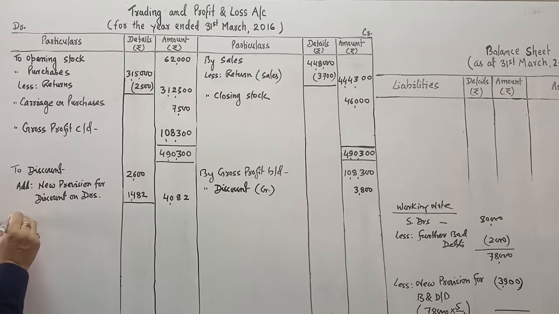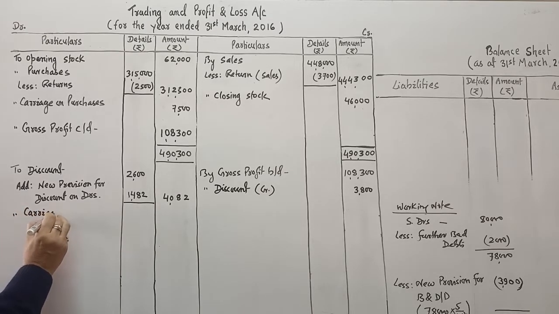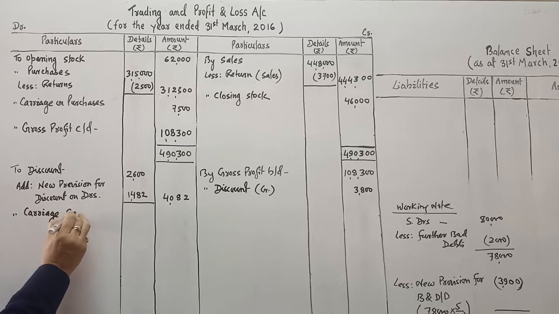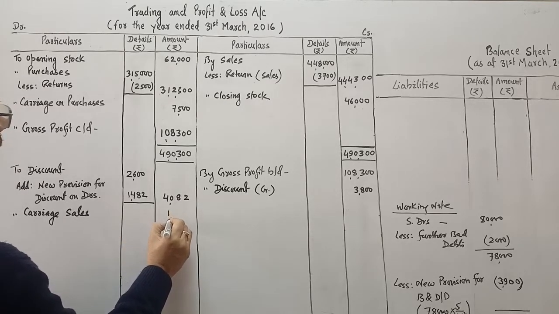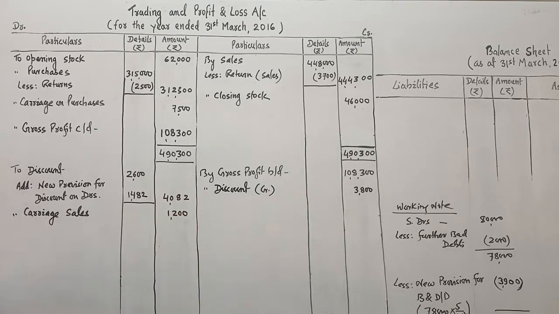Carriage on sales. Carriage on sales is an indirect expense. It is also called carriage outward. This carriage outward is 1200. Thereafter bad debts. Bad debts is 2400.